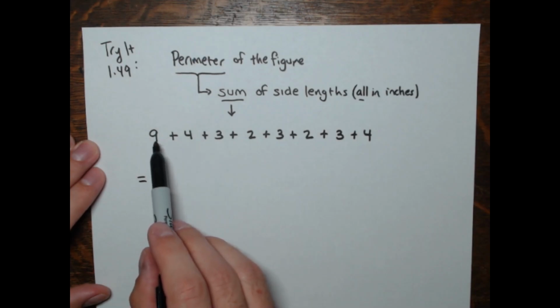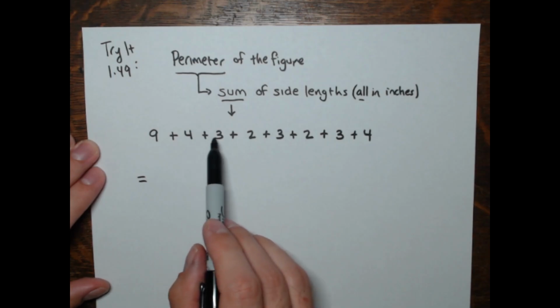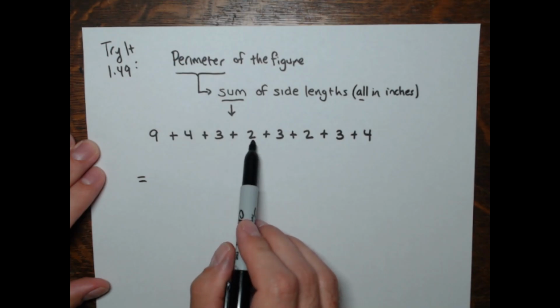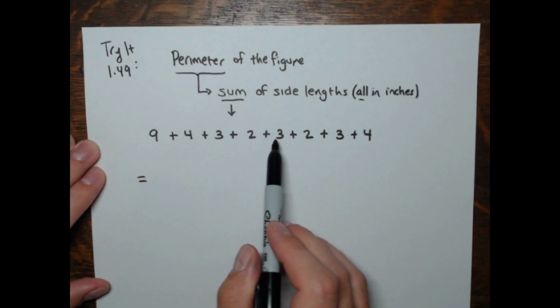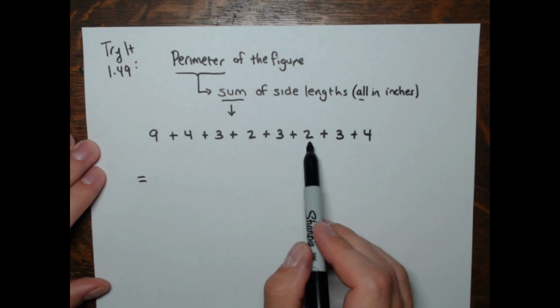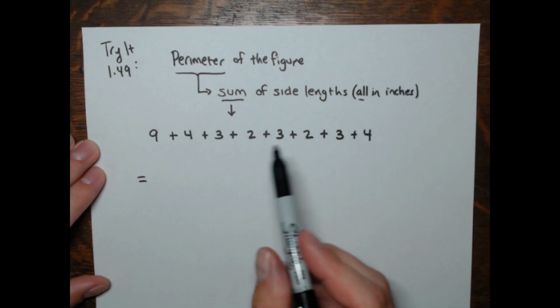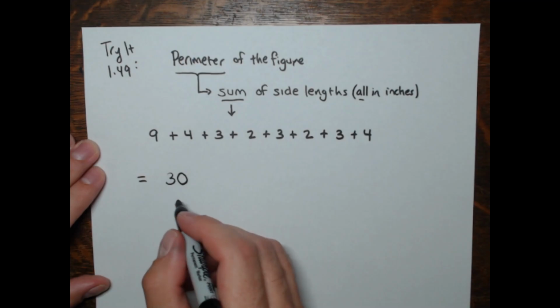So I'll just say it out loud here. 9 plus 4 is 13, plus 3 is 16, plus 2 is 18, plus 3 is 21, plus 2 is 23, plus 3 is 26, and then finally plus 4 is 30. All right.